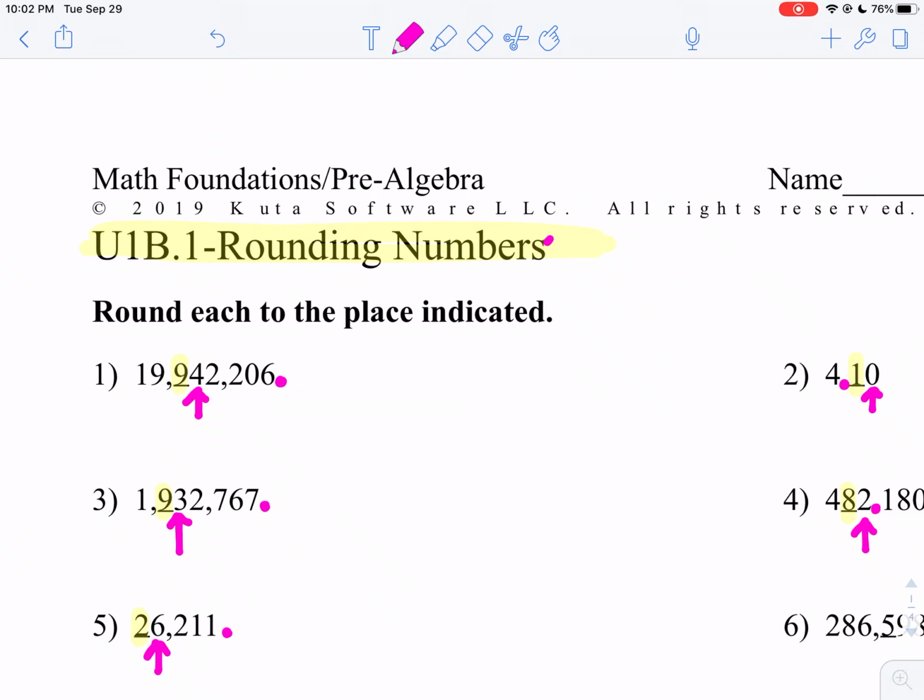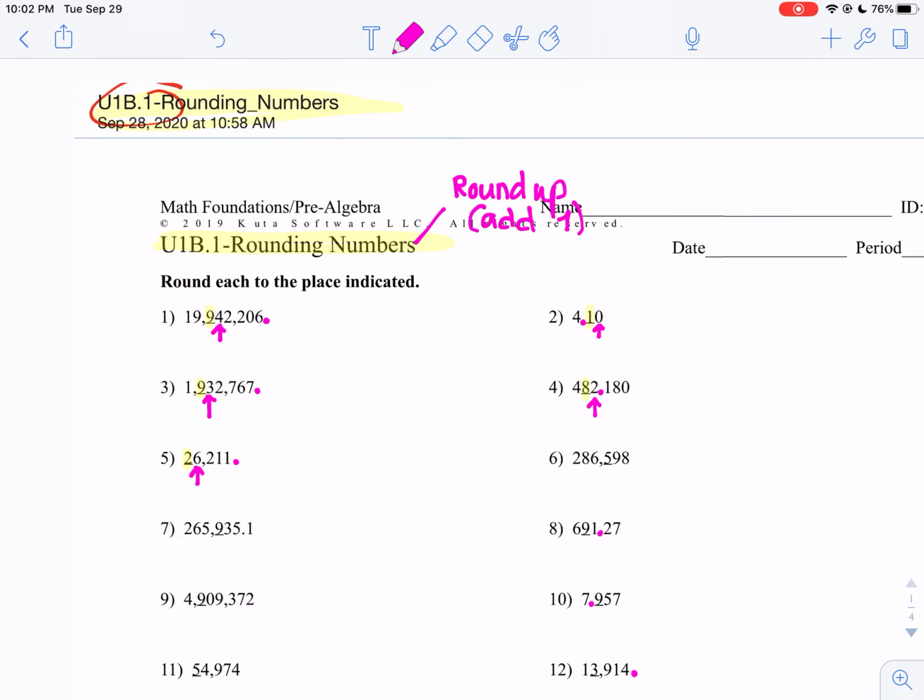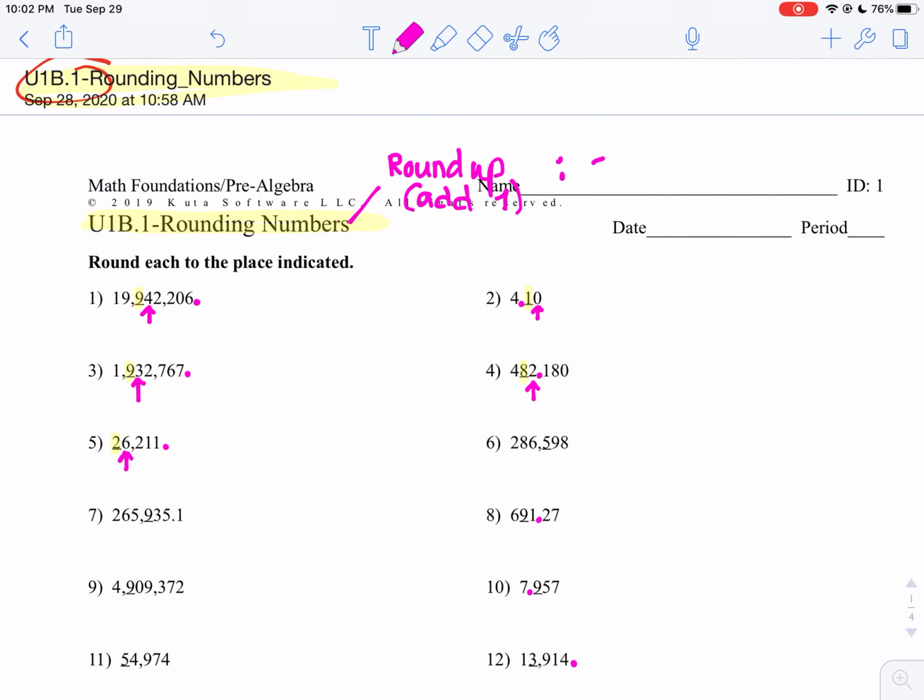So you round up. Round up means add 1 to the underlined number. You round up if you see the number 5, 6, 7, 8, or 9 following the highlighted number. So if the number above the arrow is 5, 6, 7, 8, or 9, you round up, you add 1.